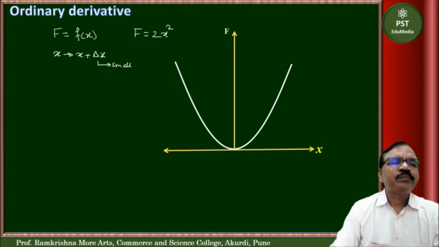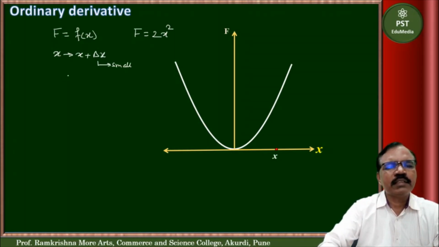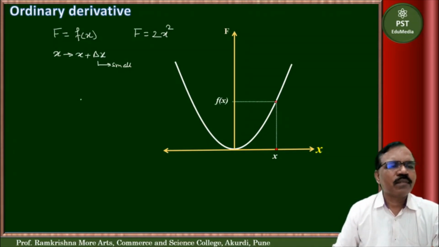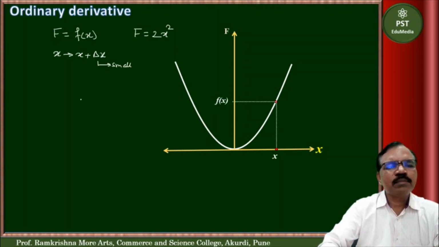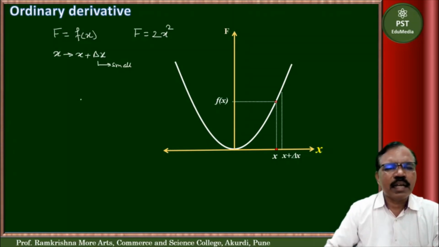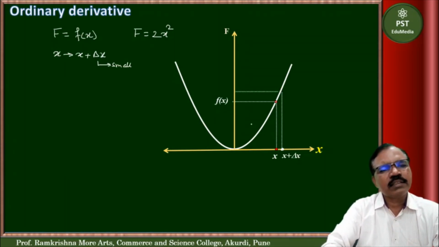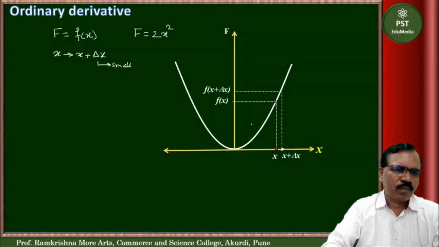Now here, if we take any value of x, suppose this is x, for this x, function will have value f of x. And suppose we take some x plus delta x. Corresponding to this x plus delta x, we will have the value of function f of x plus delta x.